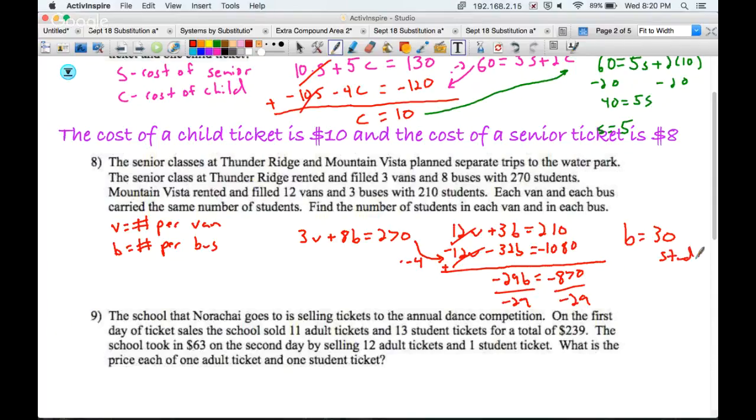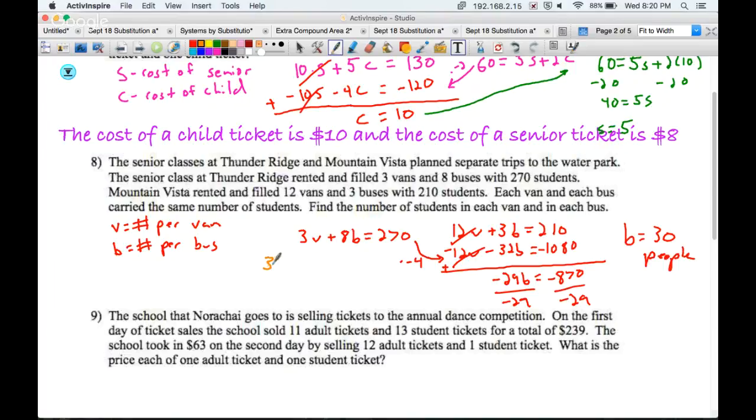Students, I guess we could say, or people. They're all students. But these buses can carry 30 people. Plug that back in, I guess, to this one.